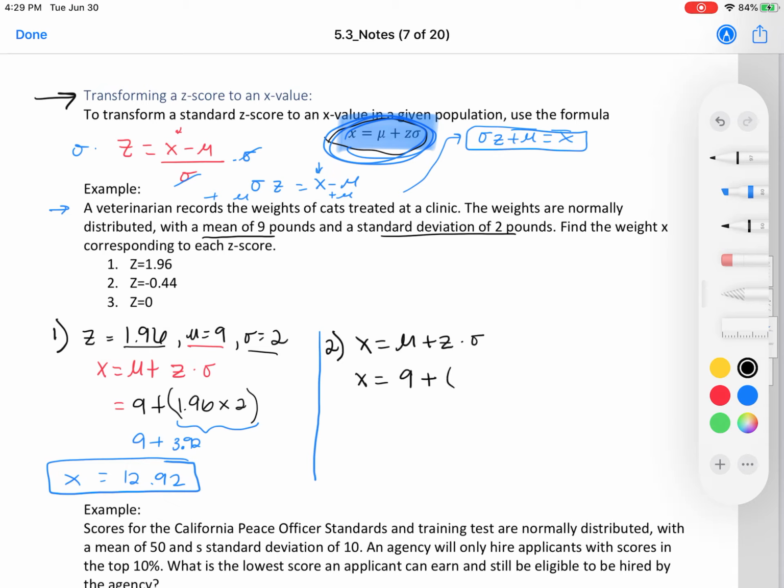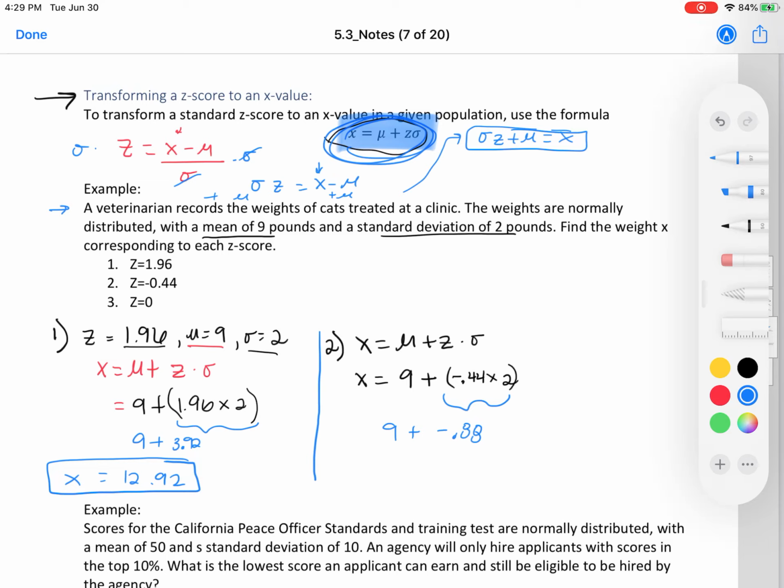So I have a mean of 9 plus, let's do the multiplication in parentheses, negative 0.44 times 2. And we enter that in our calculator. Negative 0.44 times 2 is negative 0.88. And we're going to add that to 9.